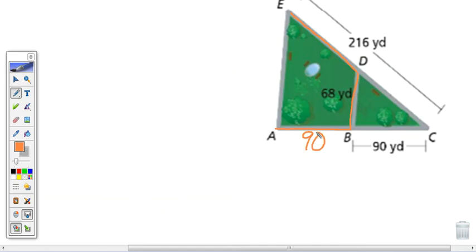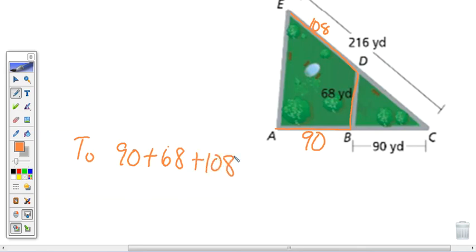What's this distance up here? And how do you know? What kind of point is D? So what's half of 216? So the path to 90 plus 68, how much is that? 90 plus 68 is 158 plus the extra 108.